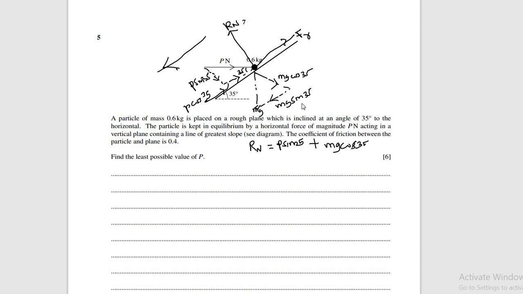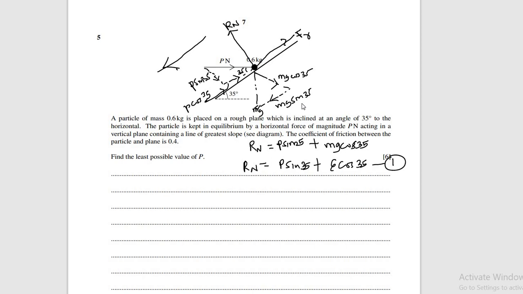That's one of the mistakes. So from here, the normal reaction will now be P sine 35, we don't know P, plus the mass 0.6 times g, which is 10, times cos 35, only 6 cos 35. This is the first equation.